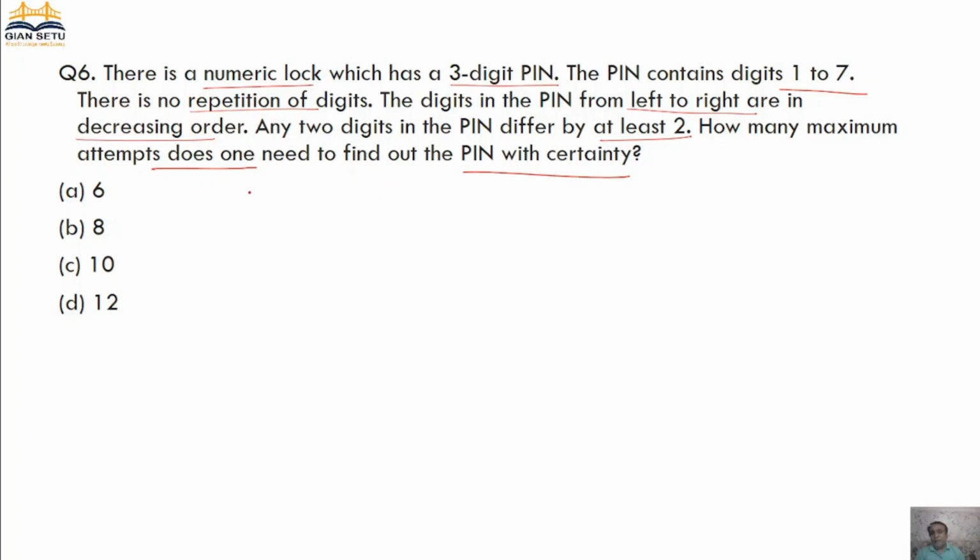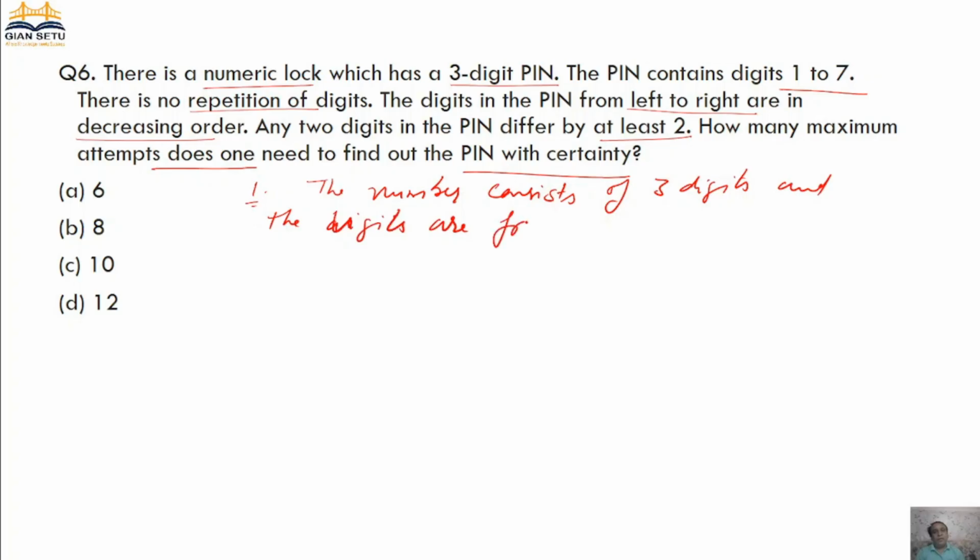Now the given conditions are: number 1, the number consists of 3 digits, right? And the digits are from 1 to 7, right?